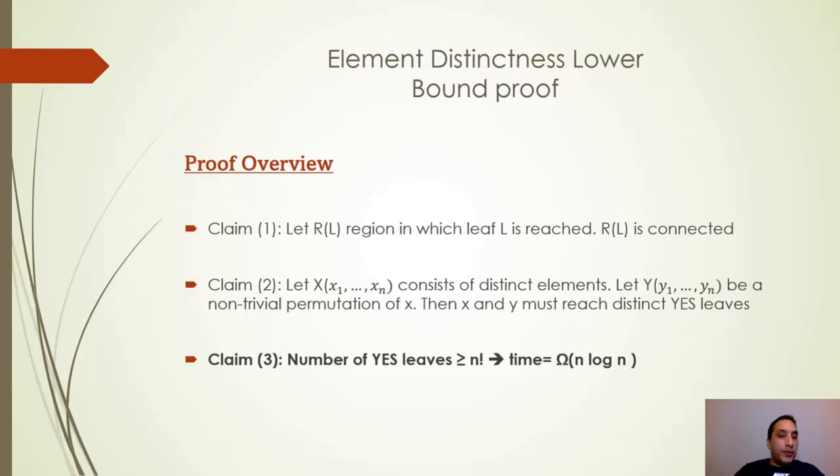And because we know that there are n factorial possible permutations, we can conclude that there will be at least n factorial yes leaves. And therefore, the time complexity for such an algorithm is going to be n log n. And we have just proven the lower bound for the element distinctness problem.